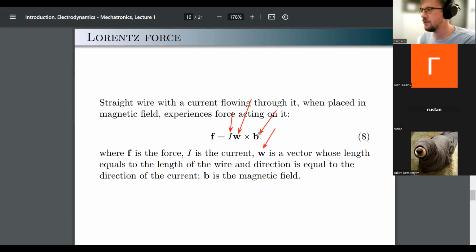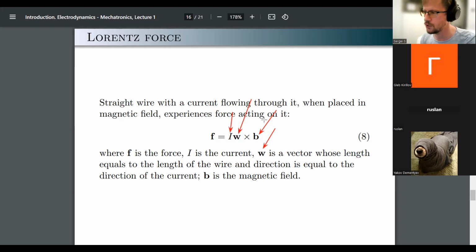B is the magnetic field. Magnetic field is a vector, and we're assuming that it is uniform, not pointing in various places, because then the formula will become more complicated. It's possible to describe all of this in a more general form.